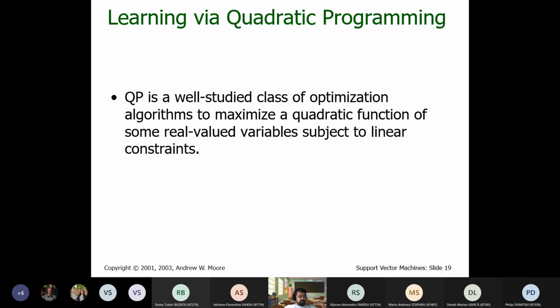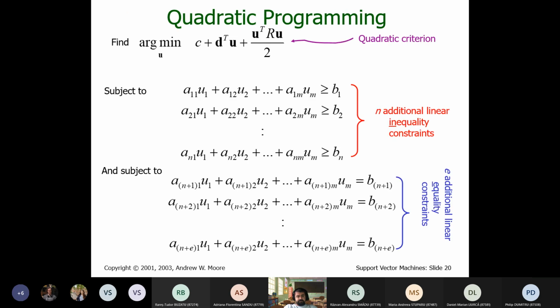It's very well studied, and it took a lot of time to come up with these algorithms. So you probably won't want to write a quadratic programming solver on your own, but to use the existing ones. And this is how quadratic programming is defined.